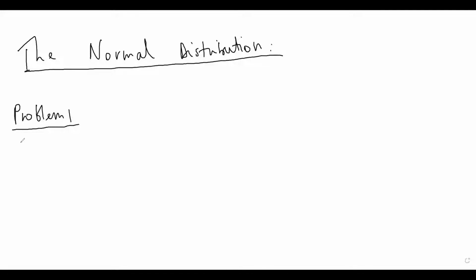For this one, let's assume that X is normally distributed. X is a random variable, and we assume that X is normally distributed, or follows a normal distribution, with a mean of 15.